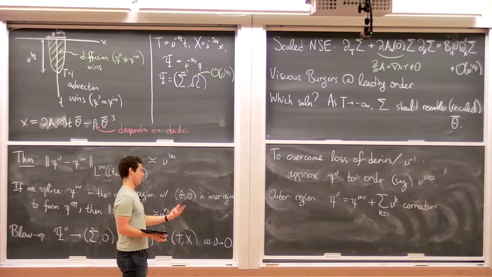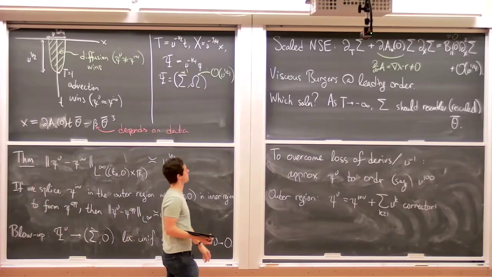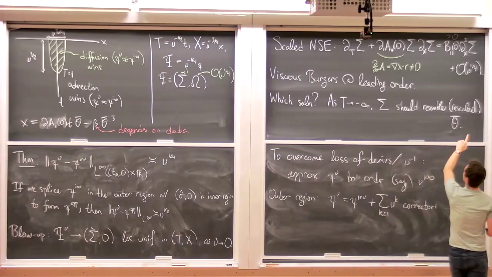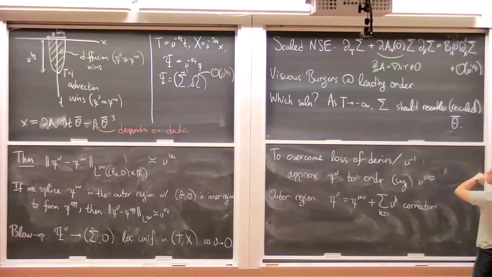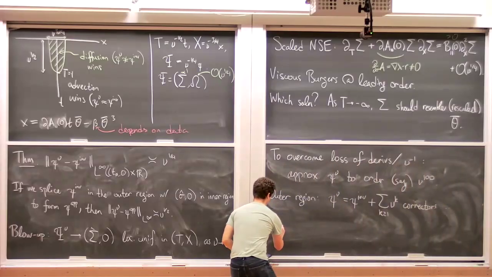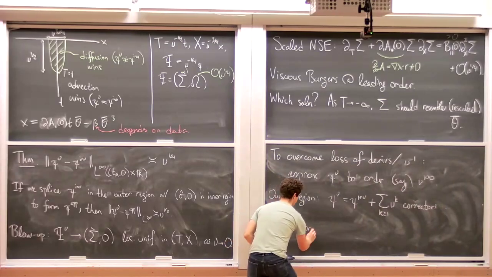There, on the other hand, we know what we should do. We should switch to the inner coordinates and we should expand there instead. And we'll get some viscous problems there. And there we have powers of nu to the quarter showing up, which reflects the intrinsic scaling present. So in the inner region, I'm going to do something similar, but I'm just going to expand with respect to nu to the quarter instead.